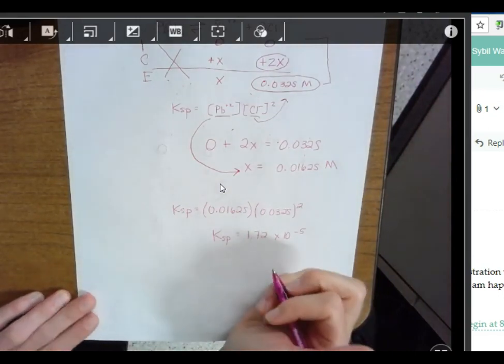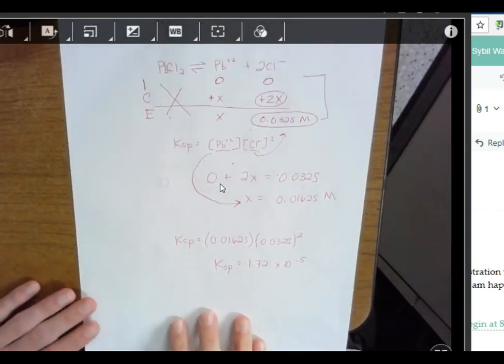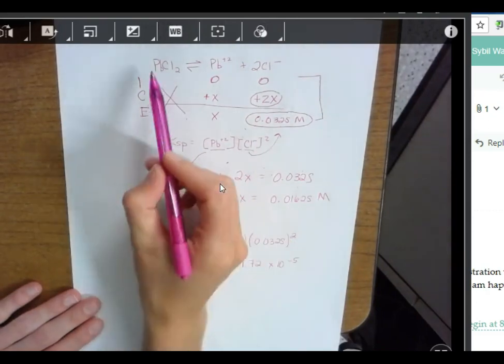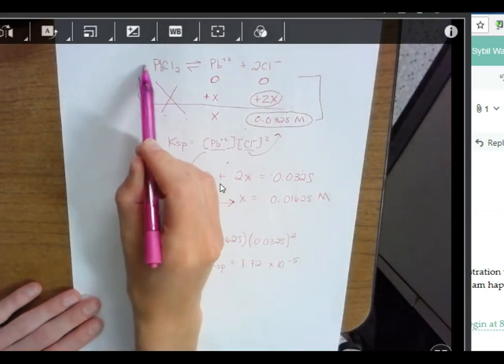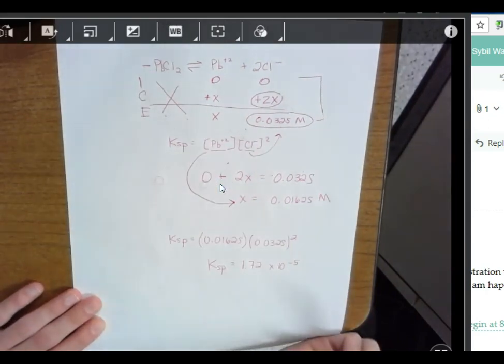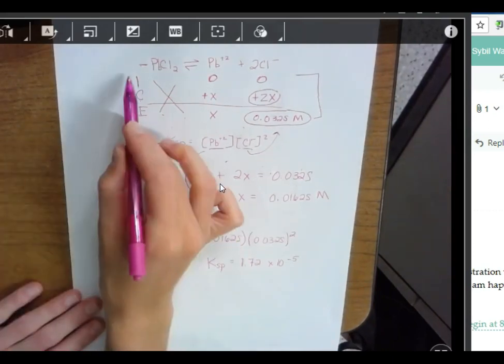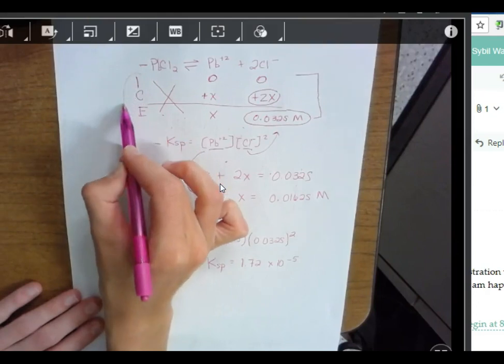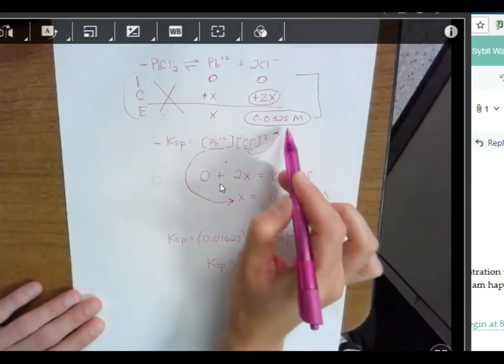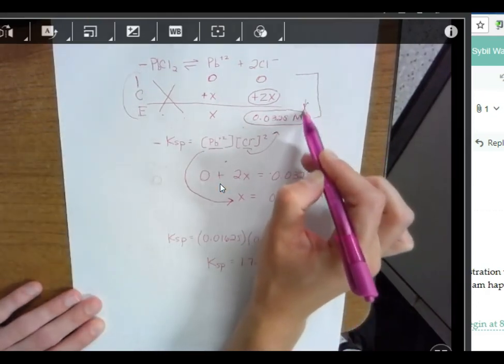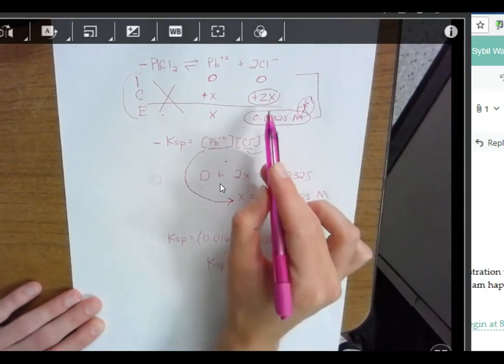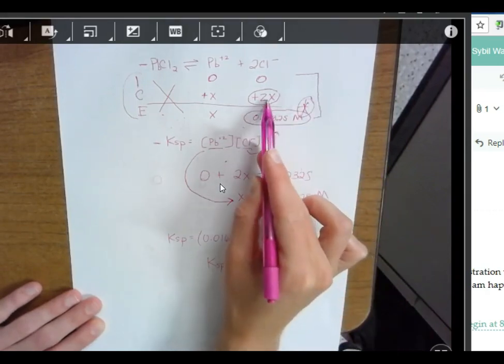Alright, so this again is what they ask us to solve for in A. They did not ask me to write the reaction, but I always do if I'm dealing with a KSP, and I always write the expression as well. This will be the start of my ICE table or RICE table. And this is the only piece of information they gave me right here. So from that, I said that must be 2x.